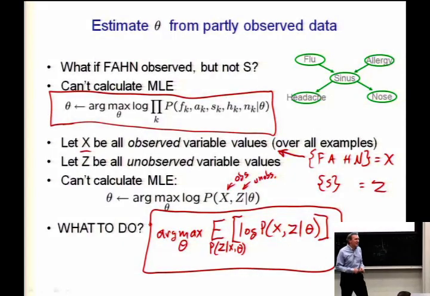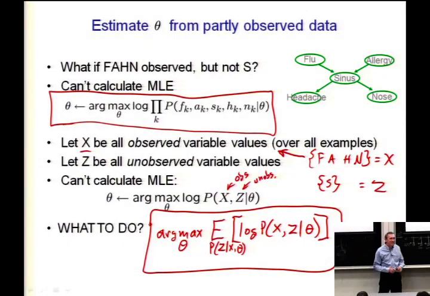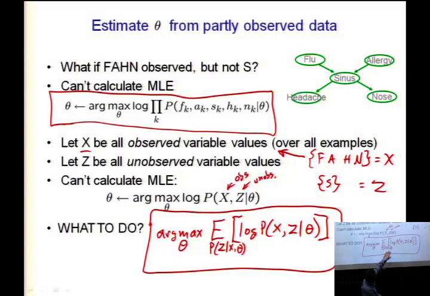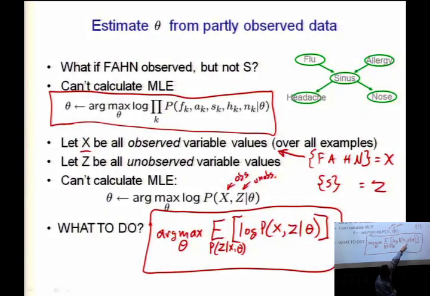Yes? What I was really thinking about was summing the p of x and z given the theta in the original, summing with respect to the z. So that thing seems quite different from this. Well, this is pretty close to that because, see, this is the joint likelihood of all the variables, but when we substitute z equals 1 here and z equals 0 here, we're going to consider both of those possibilities, but we're going to take the expected value.